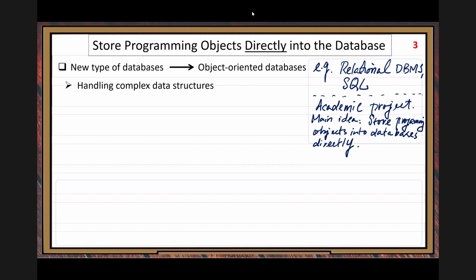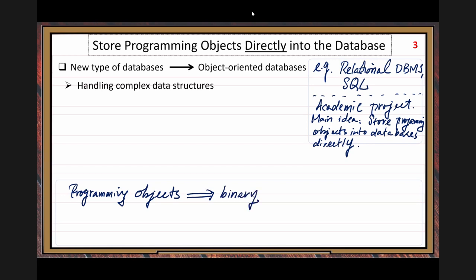directly. We know programming objects basically correspond to binary data, not text data, right?